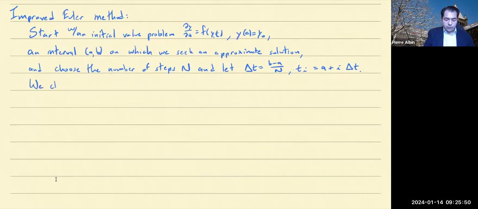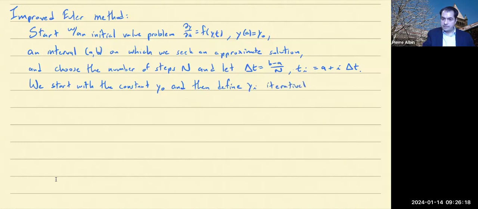Now we start with the constant y naught, and then define y_i iteratively as follows.